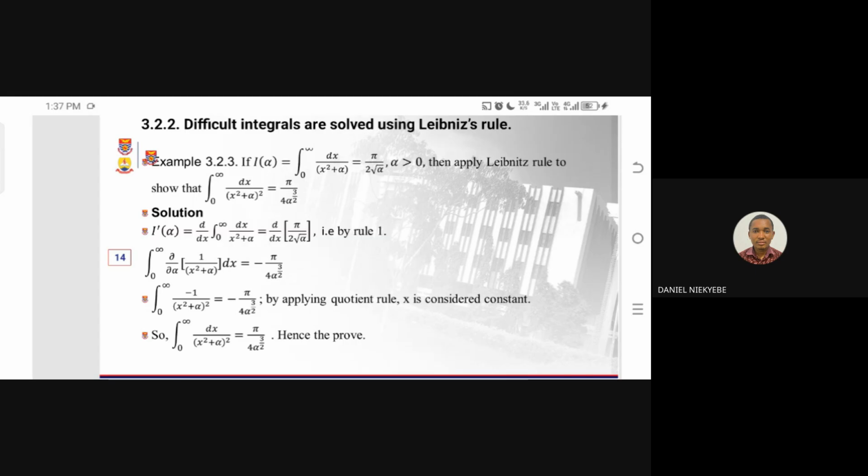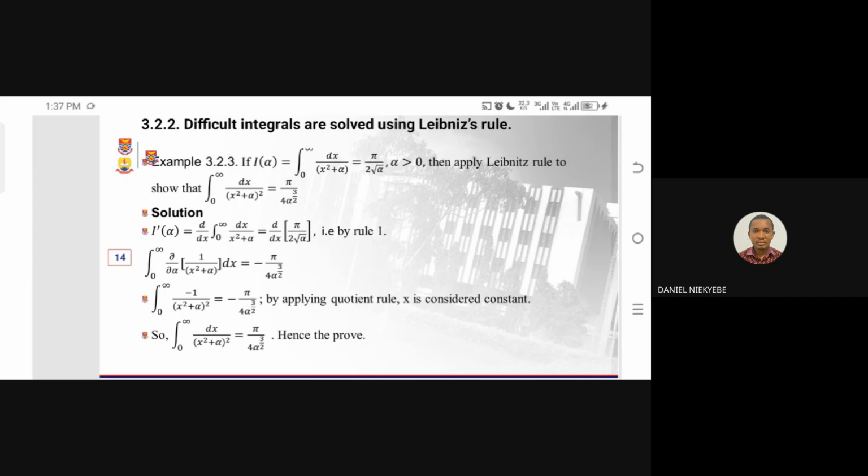If I of alpha is equal to the integral from 0 to infinity of dx over x squared plus alpha, equals pi over 2 root alpha, where alpha should be greater than 0.